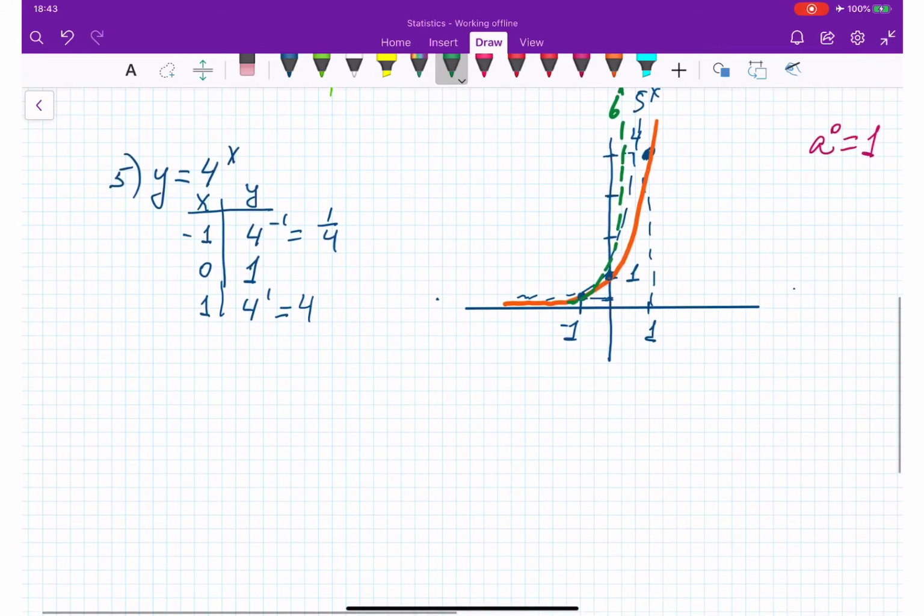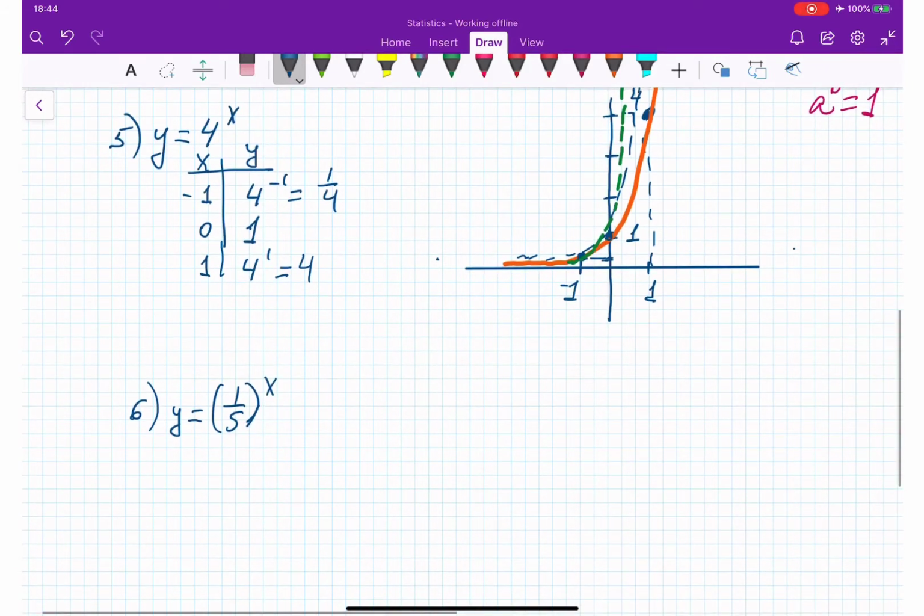Okay, question number 6. We need to graph y is equal to 1 over 5 to power x. All right, let's do this one also.